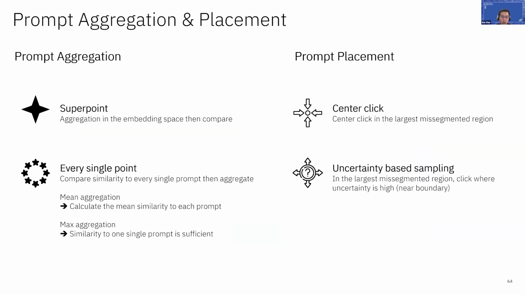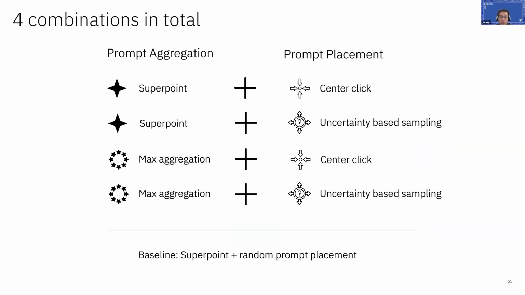In total, we have 4 components: super point, every single point, center click, and uncertainty-based sampling. And if we combine them together, we would have 4 combinations where we test out each combination strategy. There's also a baseline where we just put one point randomly somewhere in the mask. It should act as a baseline to see if this strategy that we created actually improves anything.